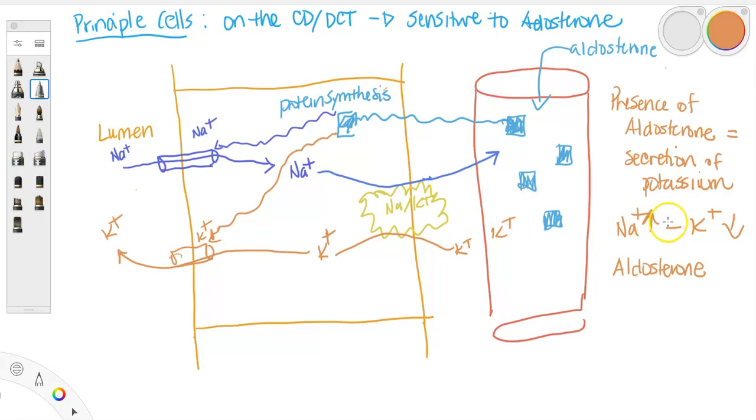So increased aldosterone works with ADH. So ADH is active as well. So the kidney has a huge effect on blood pressure because now you've got sodium going into the blood. Water's going to follow it, of course. So it's going to increase blood volume and increase blood pressure.